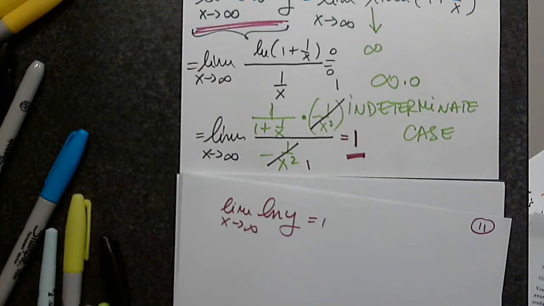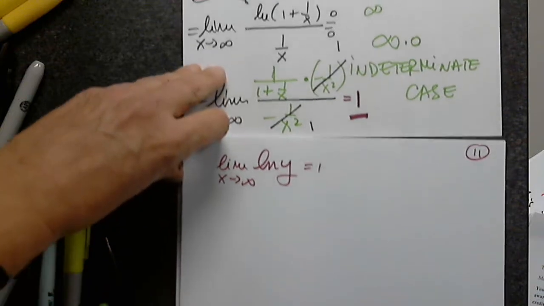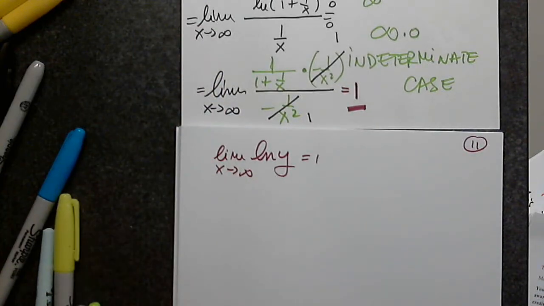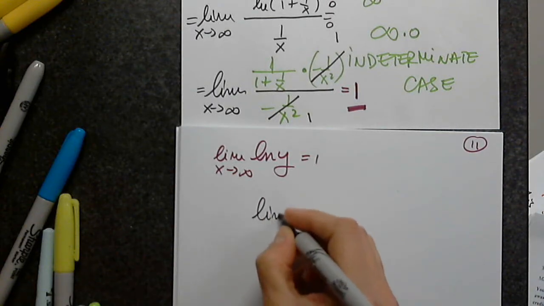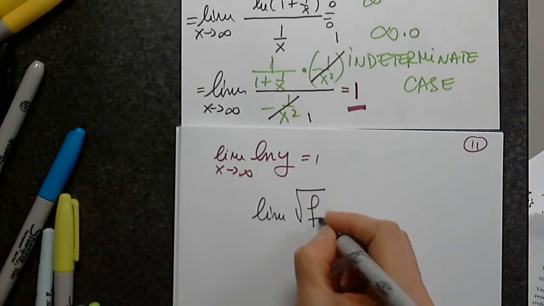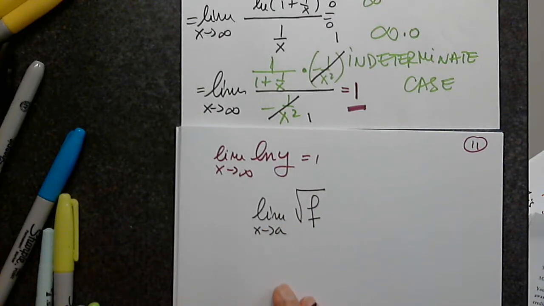There was a very important theorem a while back that I said would come into play. Just keep in mind that it exists. We used it several times. I didn't tell you we used it. So here's one application. What about the limit of the square root of f as x approaches a?